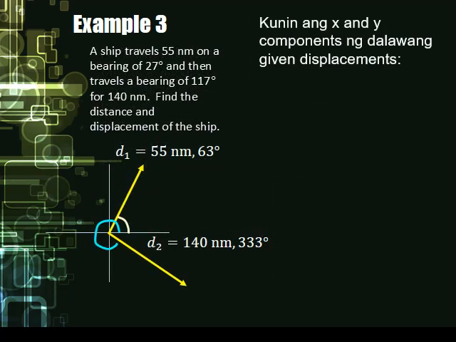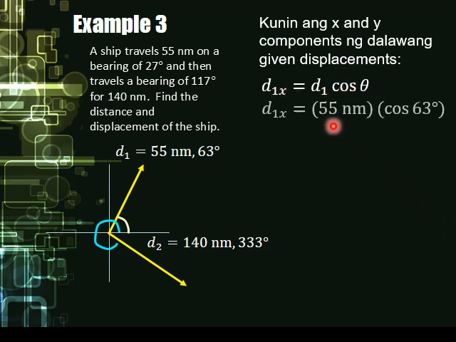Okay, next. Ang gagawin natin, kukunin natin ang x and y components ng dalawang given displacements. Yan na. So, solve muna tayo sa D1. So, kunin muna natin yung x and y components niya. So, kung solve natin ang x component ng D1, so that is D1 cosine theta. So, remember, pag x, gagamitin ang cosine. Kaya naging D1x equals 55 nautical miles times cosine 63 degrees.